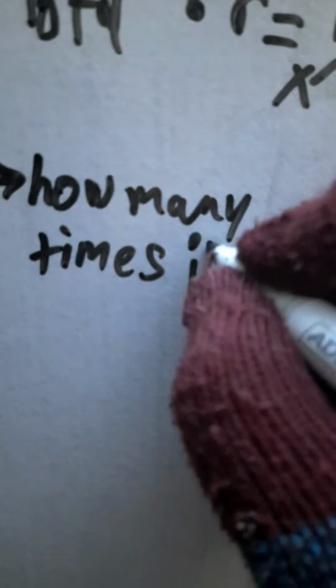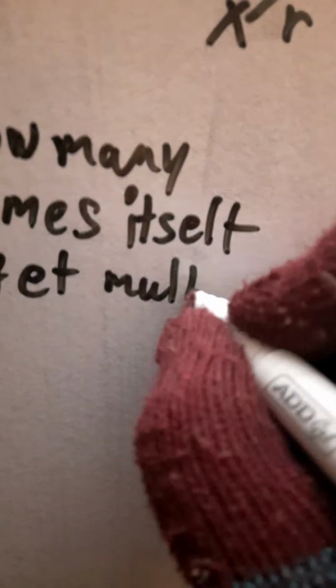Bye. So, yeah, power means how many times itself gets multiplied, right? Now, what we do here is, raised to a power is like how many times, which we write in superscript here.